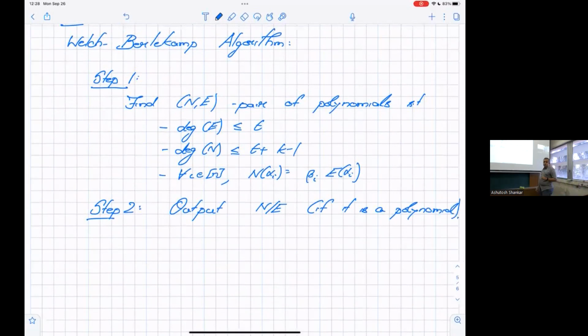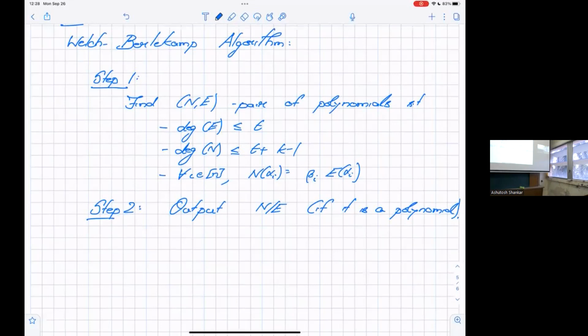That's the Welch-Berlekamp algorithm. And what we will see next is the analysis of why it works. Is the algorithm clear? We need to answer several things. Why is this algorithm efficient? And why is it correct? Efficiency should be easy.